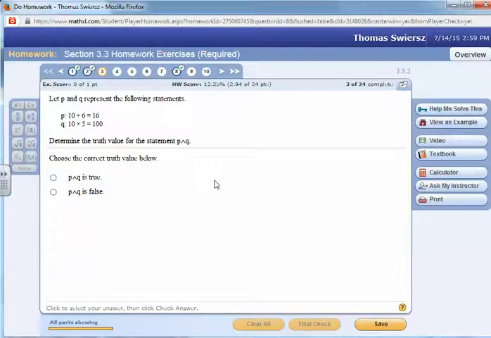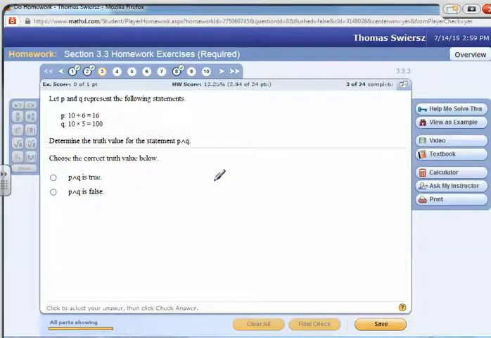All right, let P and Q represent the following statements. Determine the truth value of P and Q. We have P, 10 plus 6 is equal to 16. We know that's a true statement. 10 times 5 is equal to 50, not 100, so Q is definitely a false statement.